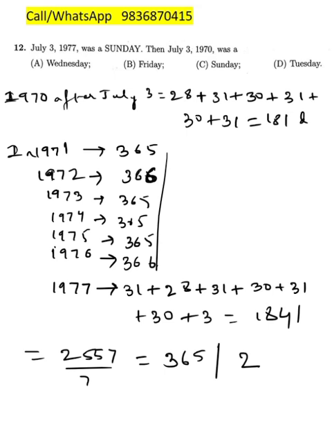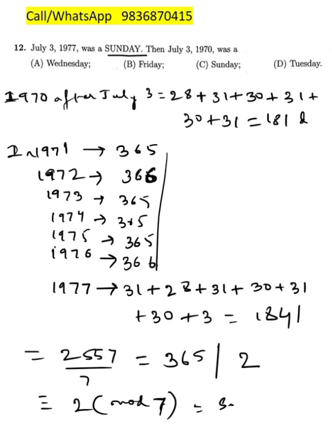We can write this as equivalent to 2 mod 7. July 3, 1977 was a Sunday.